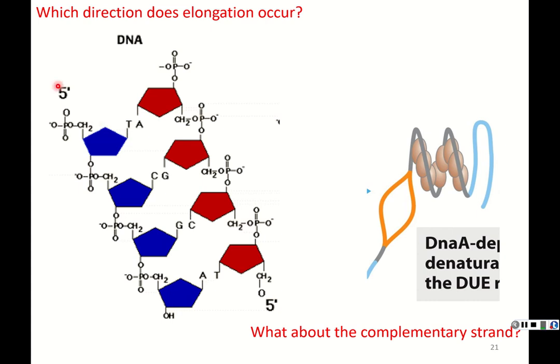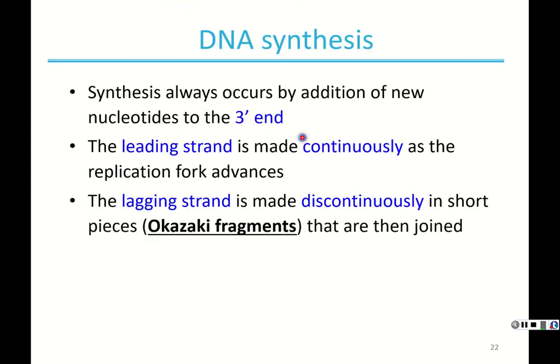If one strand's 5' to 3', that's good. That means you can just synthesize the DNA on that strand as you're unwinding it. The other strand is going to be the opposite. It's going to be backwards. So there are going to be differences in how each strand is synthesized and replicated.